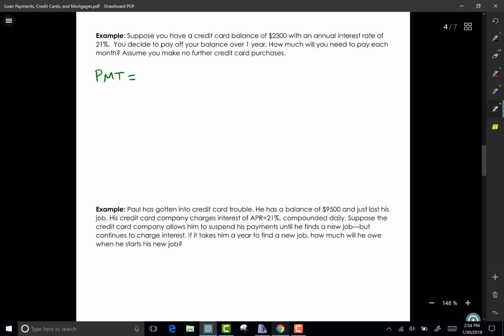So I'm going to take my principal, which is our $2,300, times our APR, which is 0.21, divided by monthly payment. So that's N is 12, and that's over 1 minus 1 plus 0.21 over 12.